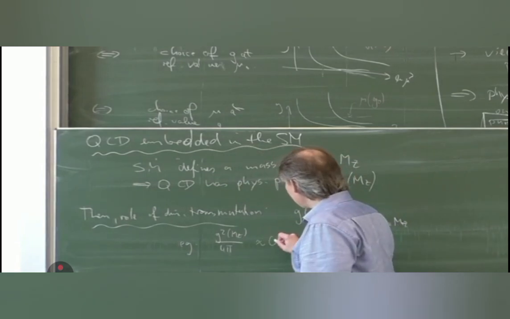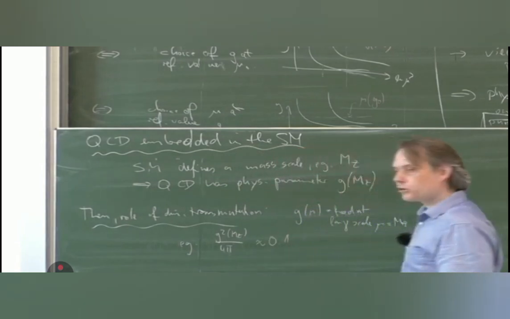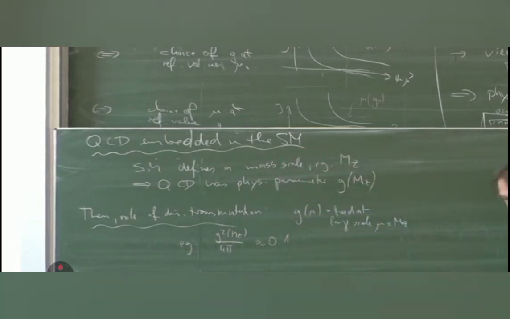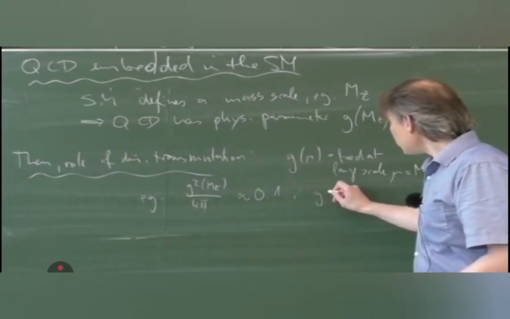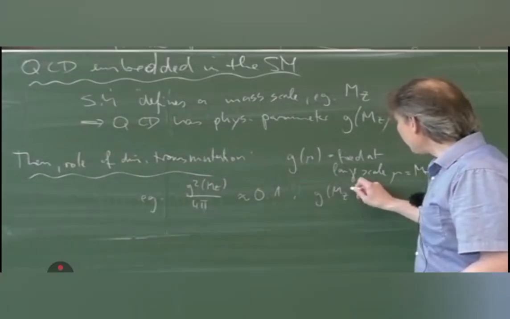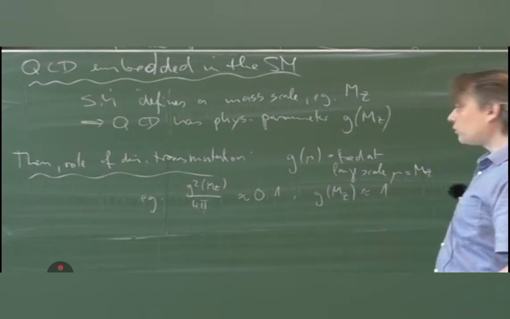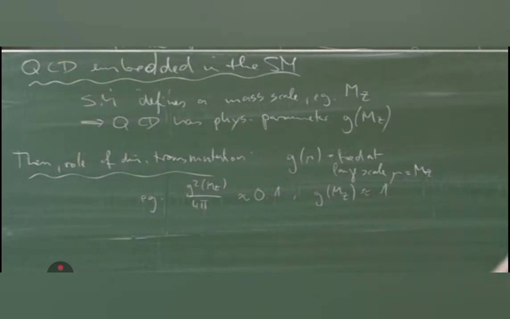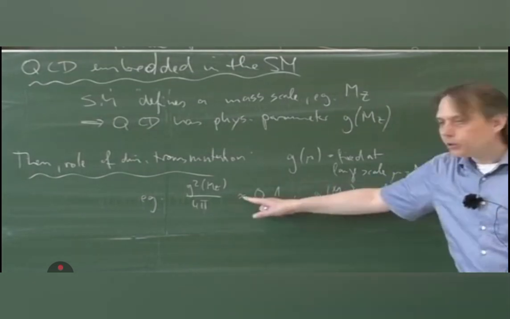It is known and measured to be around 0.1. So it is a small quantity. But actually the gauge coupling g at m_Z is approximately 1, when g squared divided by 4 pi is approximately 0.1.